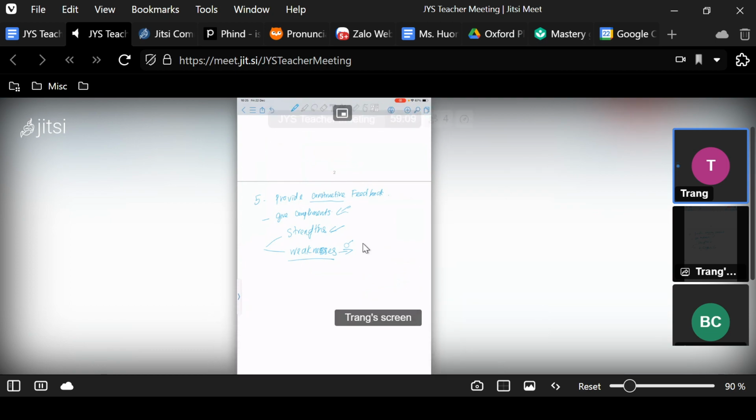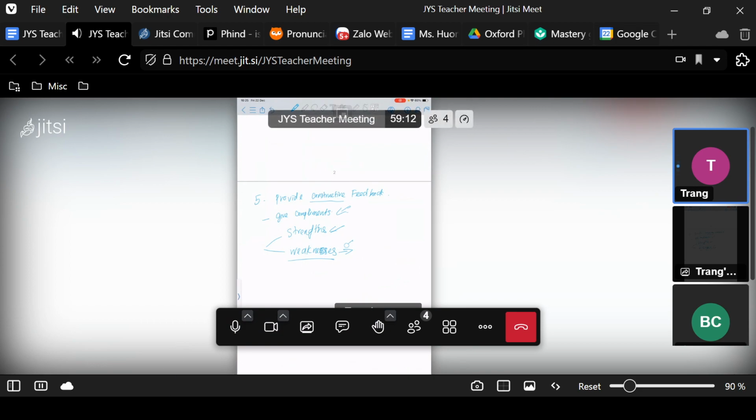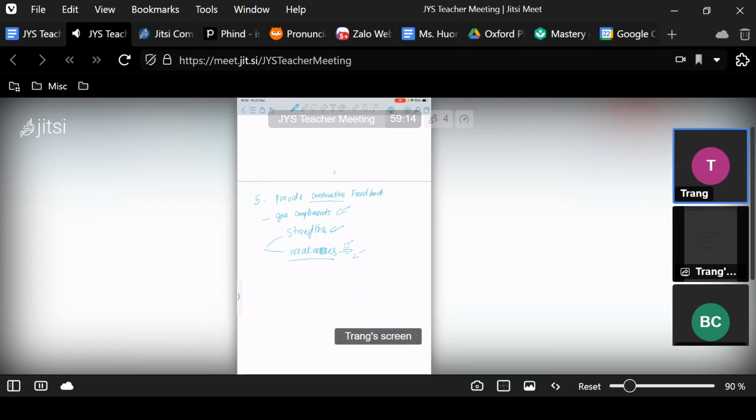And now we talk about their weaknesses. It can be about their pronunciation or grammar, and we can guide them how to study at home, spend more time to improve this skill.